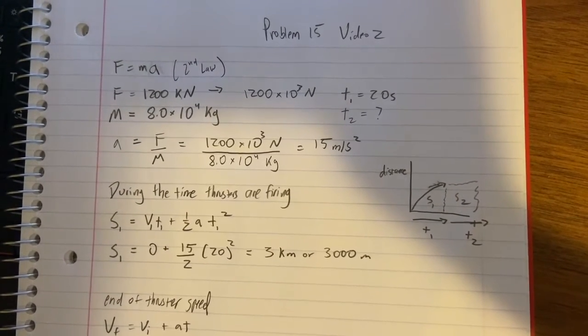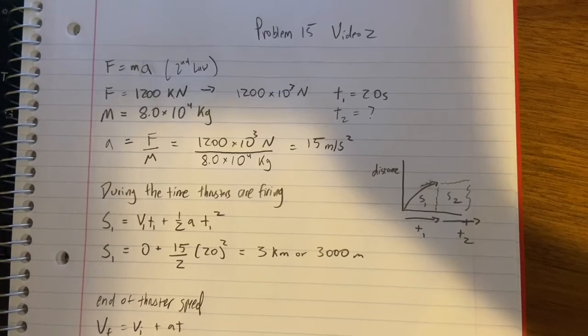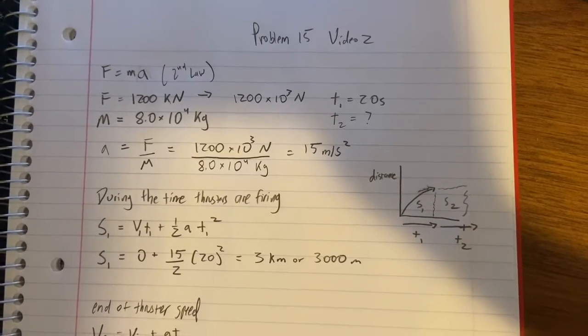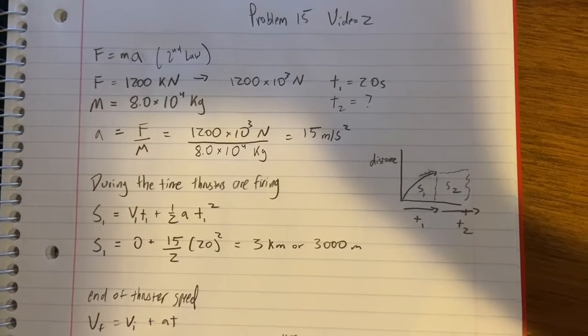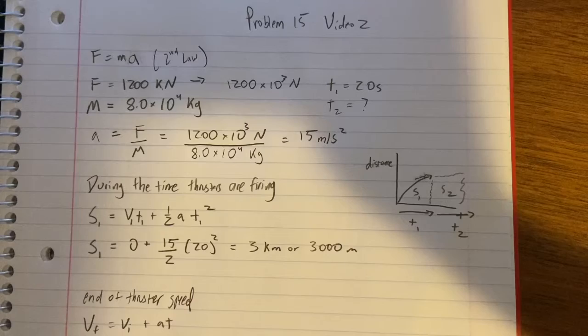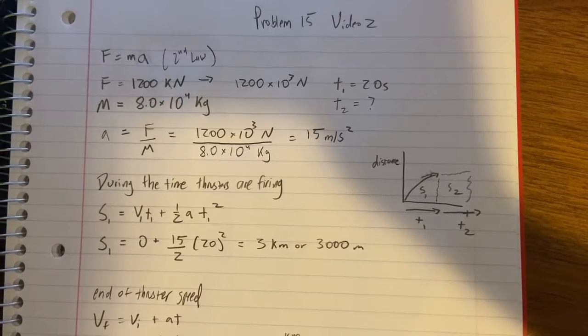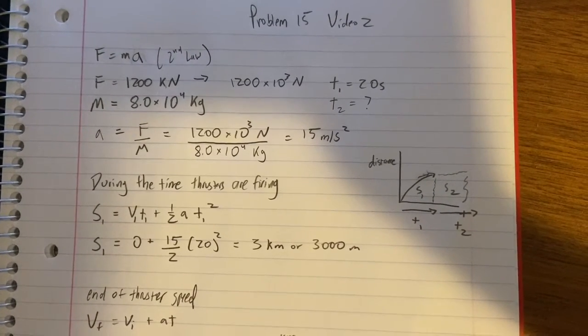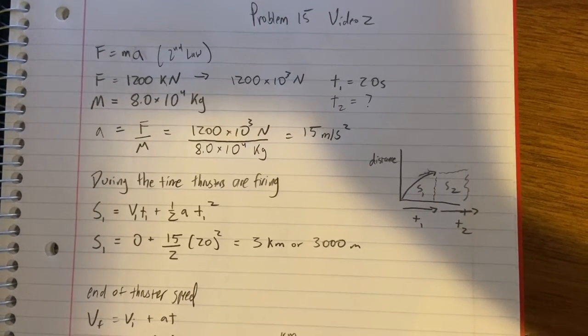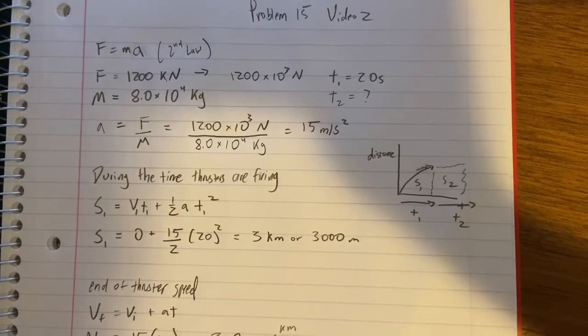It was mentioned earlier that the spaceship is at rest in deep space, so the initial velocity is 0, which takes out that term. Now the acceleration is plugged back in, 15 meters per second squared. So it's 15 over 2 times the time squared, and it was going for 20 seconds. So that distance covered is going to be 3 kilometers or 3,000 meters.